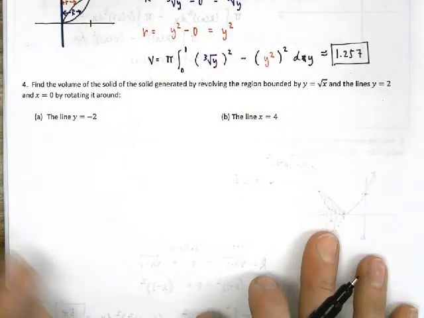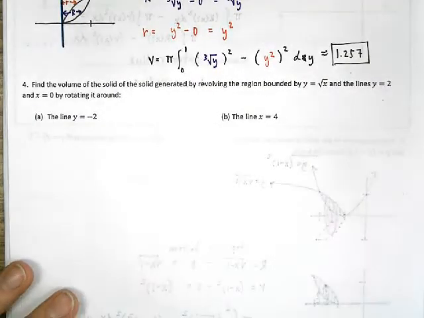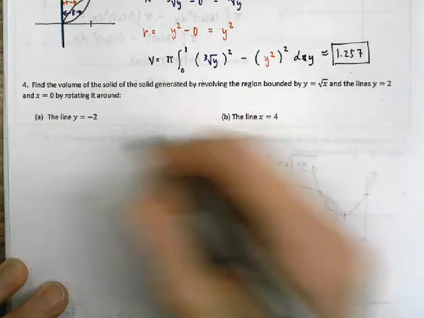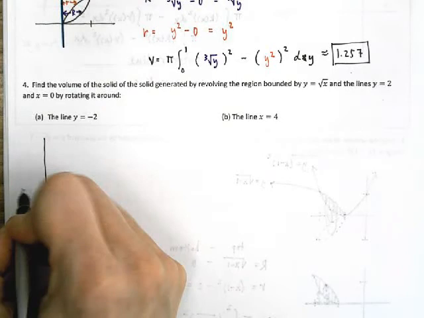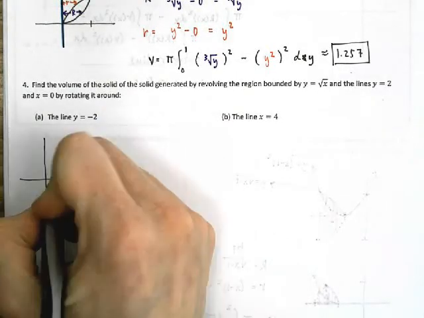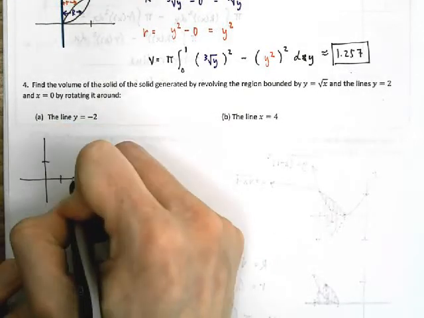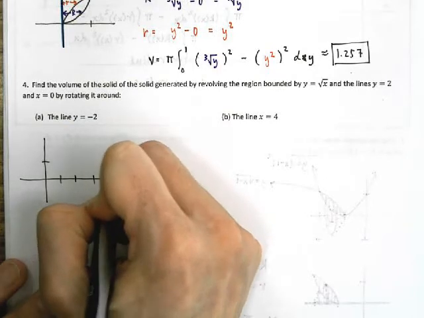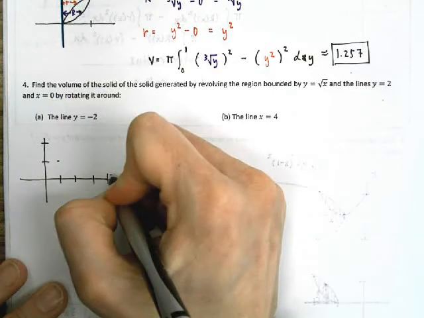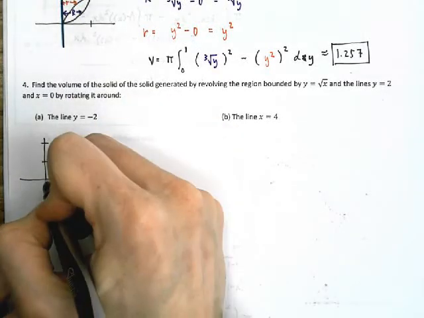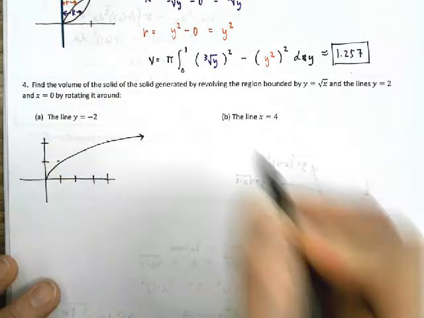So let's see, we'll do y equals -2 first. So I'm going to sketch this out. I've got y equals square root of x. So here's my y equals square root of x.